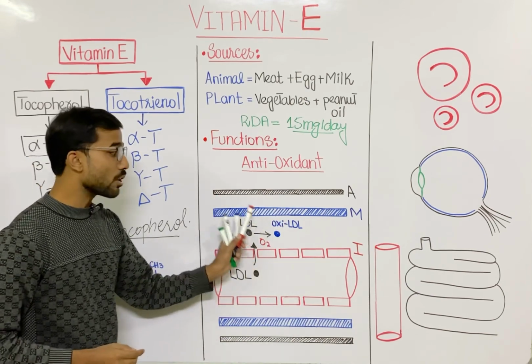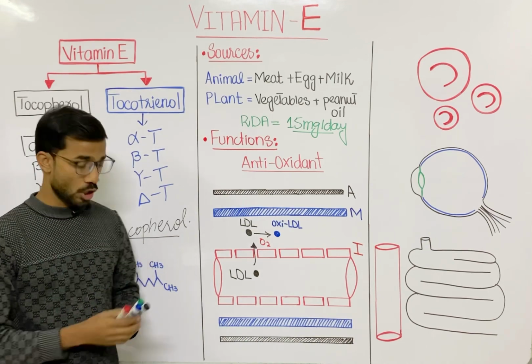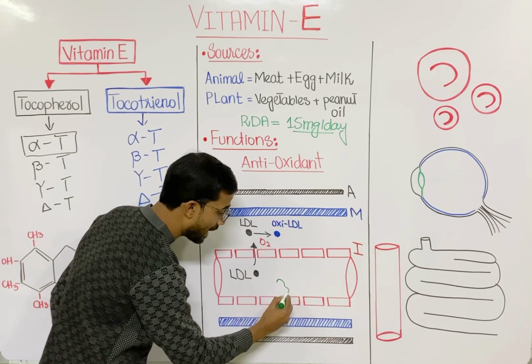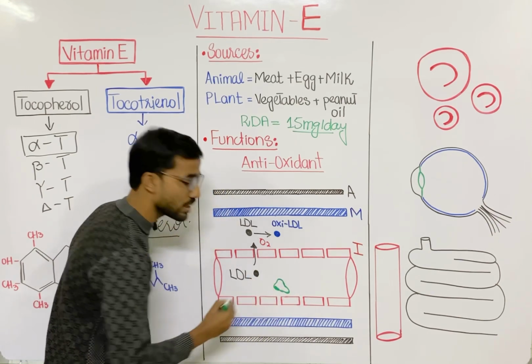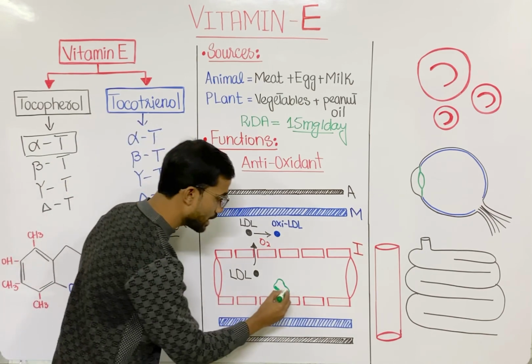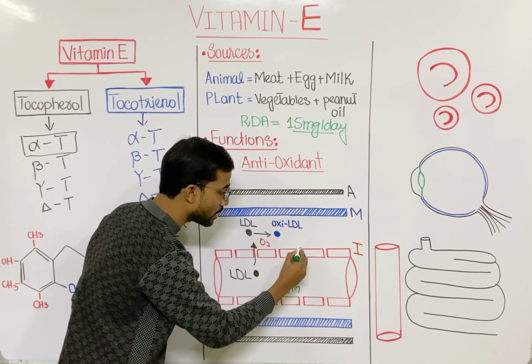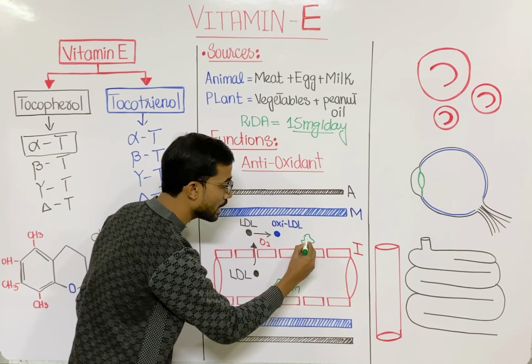Now these oxidized LDL will attract macrophages. In the blood vessels you will see the presence of monocytes. These monocytes penetrate into the tissue and convert into macrophages.